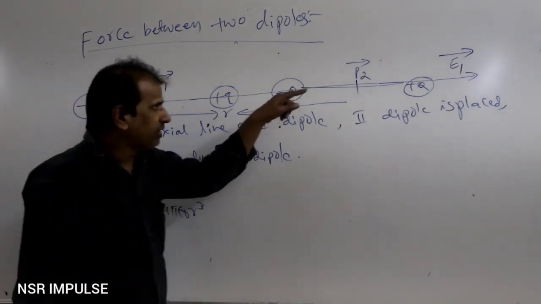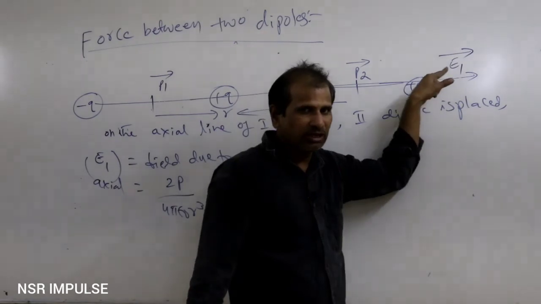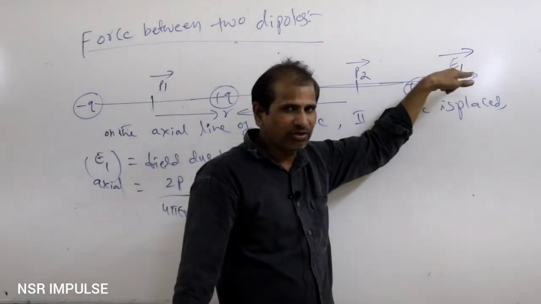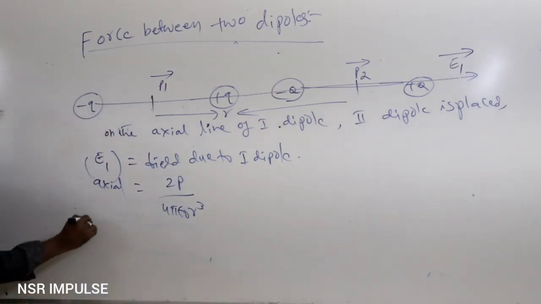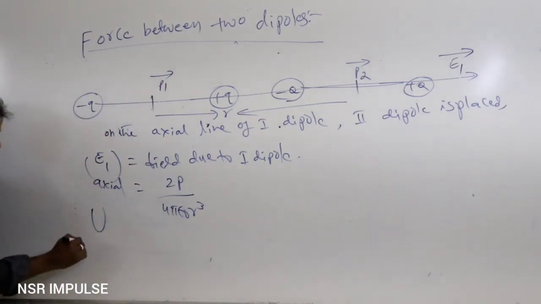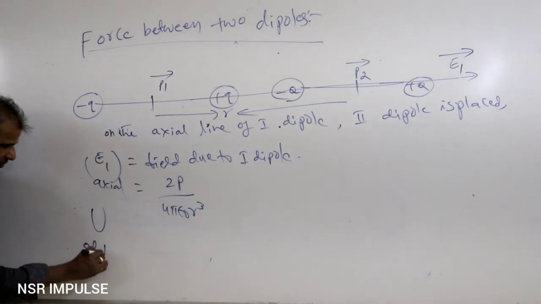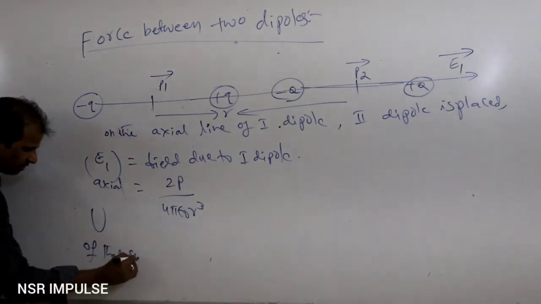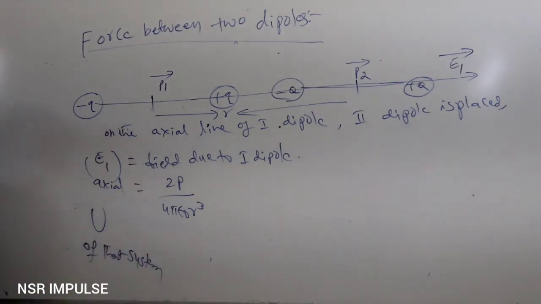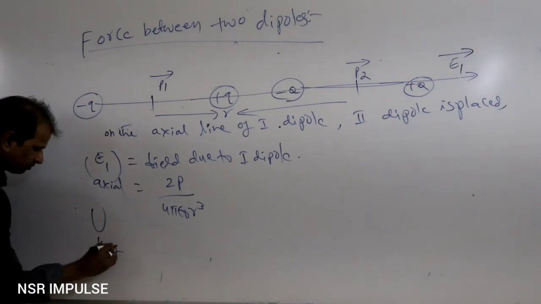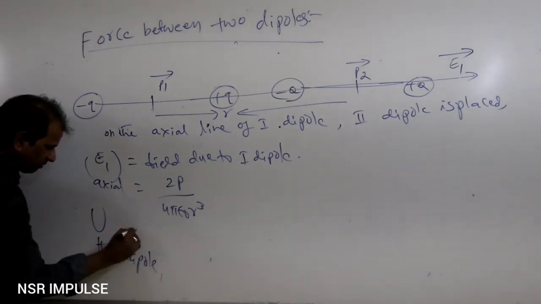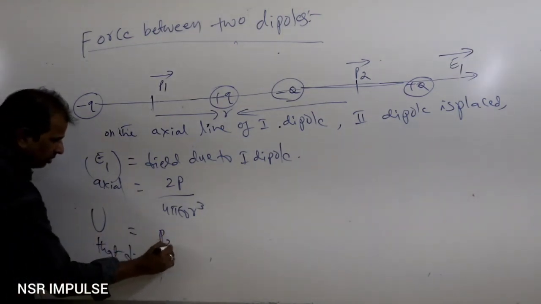So in the field E1 bar of the first dipole, the second dipole is kept. Then the potential energy of that dipole is equal to P2.